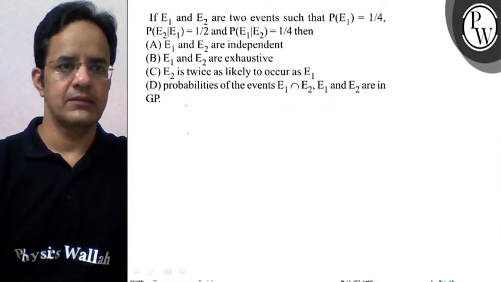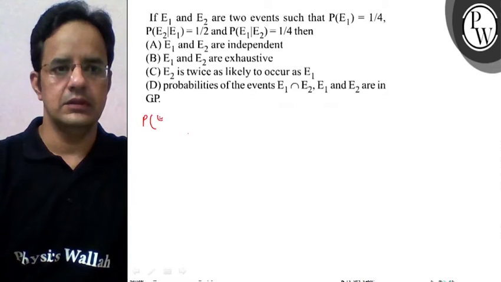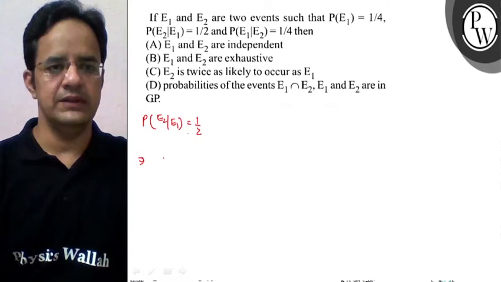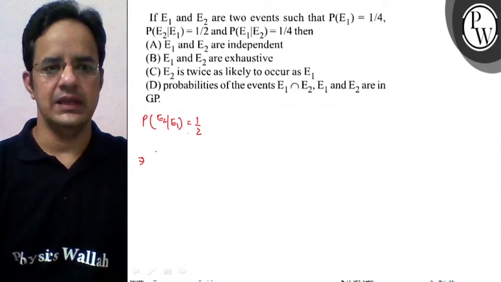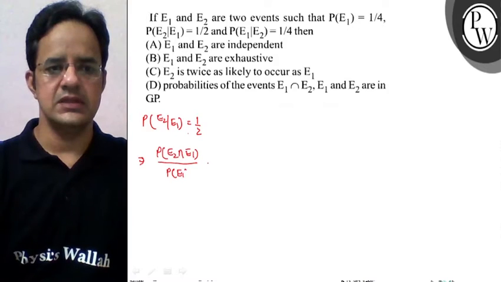We are given that the probability of E2 upon E1 is equal to 1 upon 2, and the conditional probability of E2 upon E1 is equal to the probability of E2 intersection E1 divided by the probability of E1, which is equal to 1 by 2.